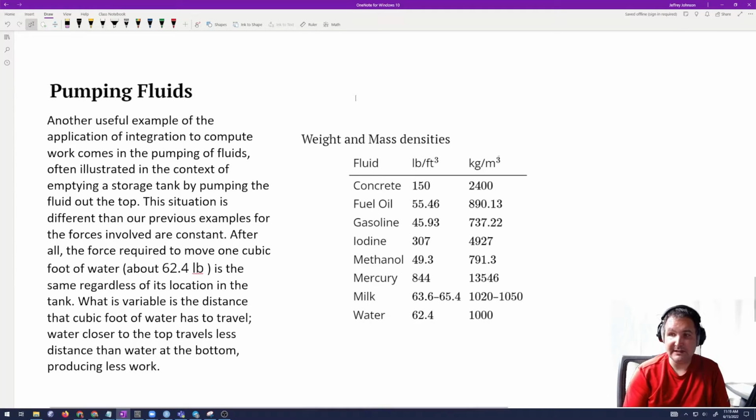Certainly, concrete is heavier than water. Some of the weight and mass densities are available in this table here, and you'll see in the applications involving water, if you're using feet and pounds, that 62.4 shows up quite a bit. That's just the weight density of water.